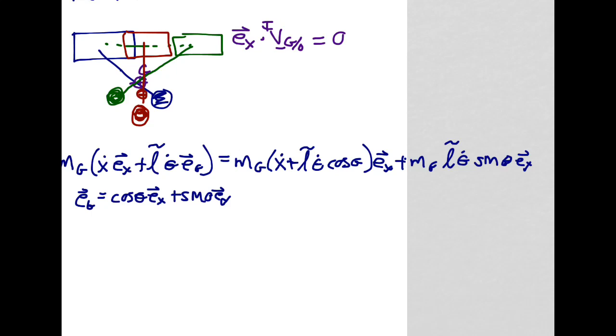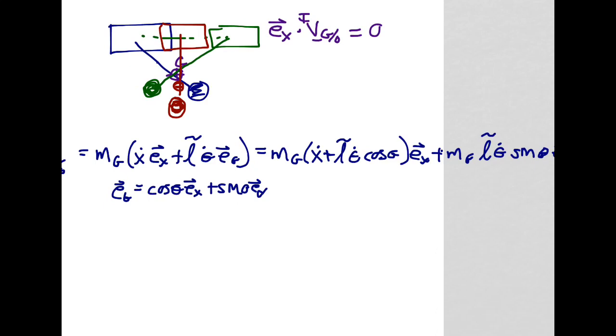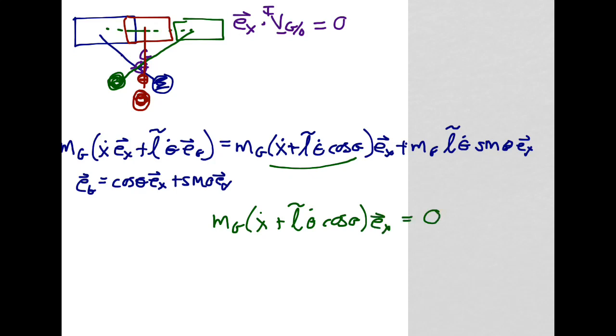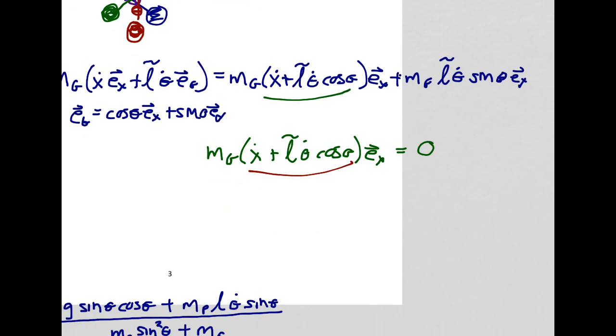If momentum is conserved in the EX direction, and we're starting out with an initial velocity of 0 and maintaining that, then we have this conservation equation which tells us that mg times (x dot plus L hat theta dot cosine theta) EX is equal to 0. For that to be true, this term must be 0.